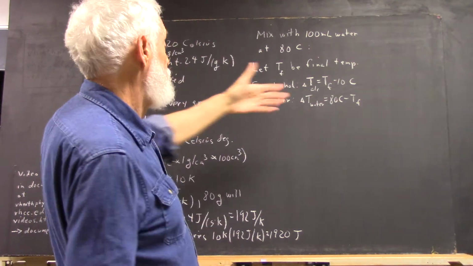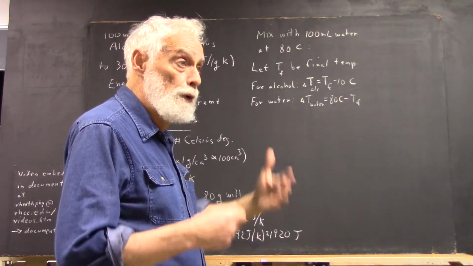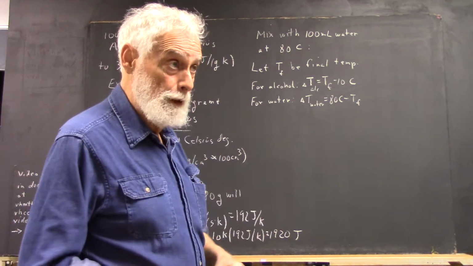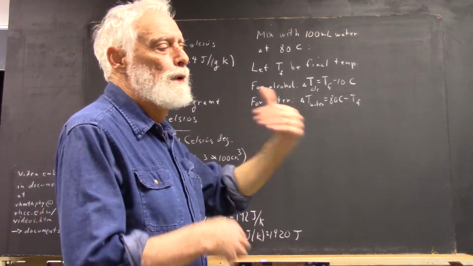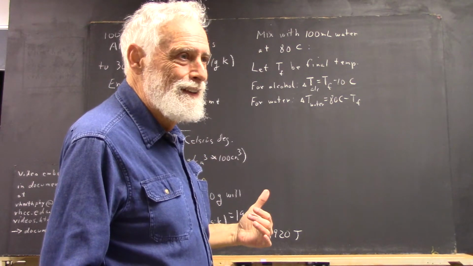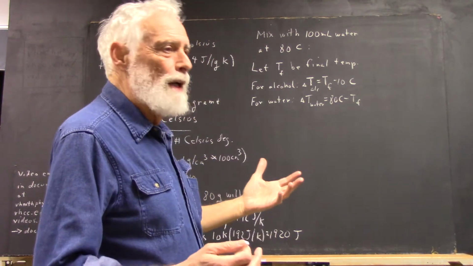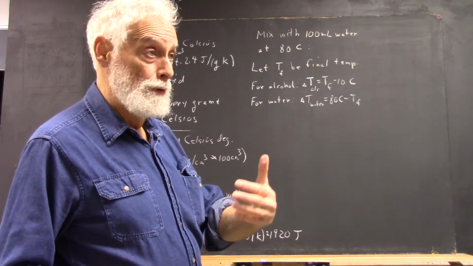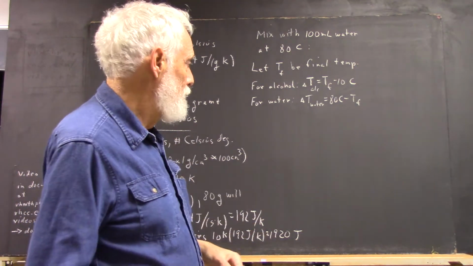And of course we know that the specific heat of water is about 4.2 joules per gram Kelvin, right? Kind of an average between 0 and 100 Celsius is about 4.186 joules per gram Kelvin, okay?